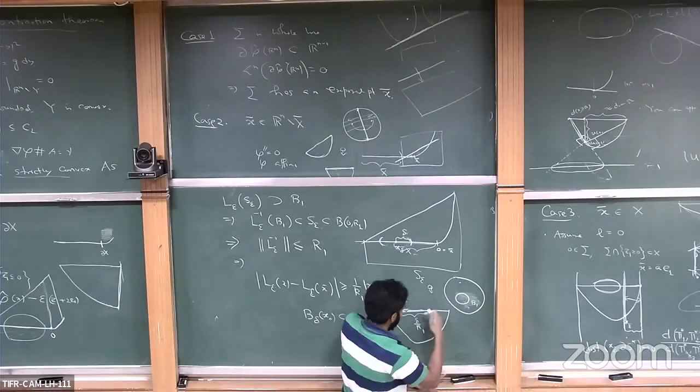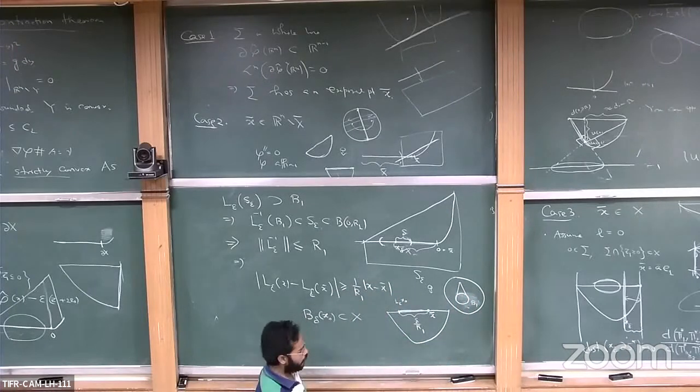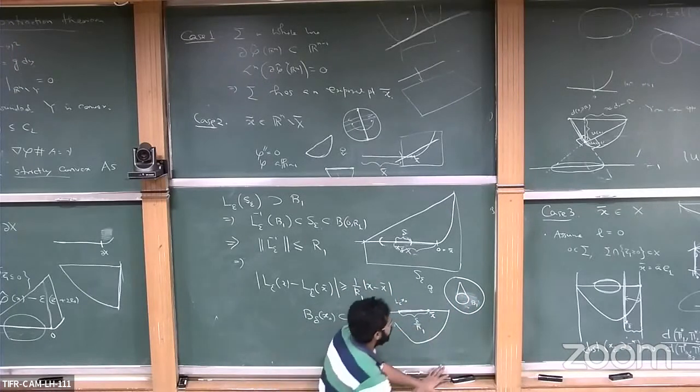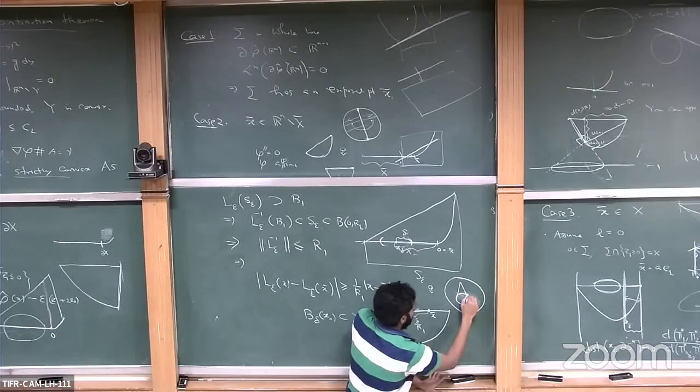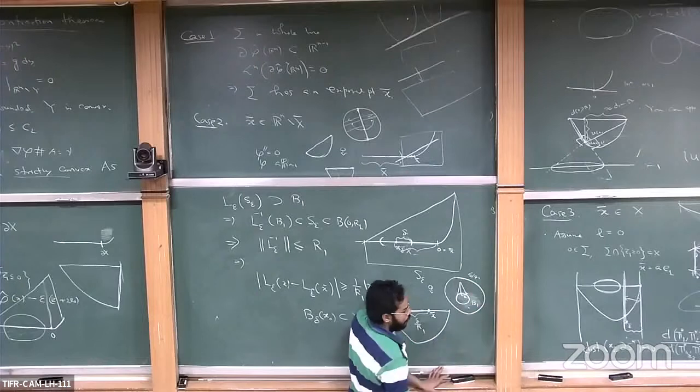Okay. So at least this is convex, so it will contain the whole cone, right? So wherever x bar is, suppose here is x bar, somewhere here is x bar. So this distance is at least delta over R1, right?